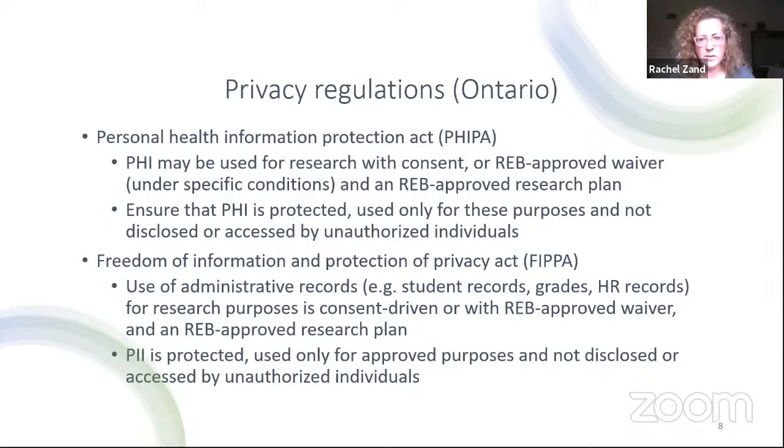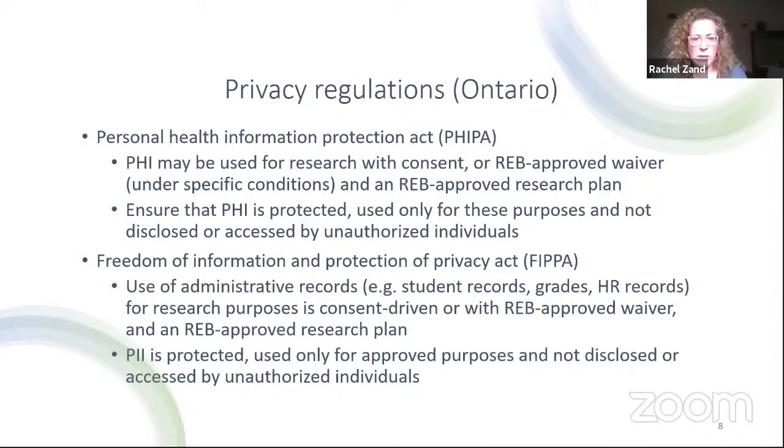So in terms of privacy regulations, there are 2 in Ontario. The first is the Personal Health Information and Protection Act, or PHIPA. And we look at PHIPA for personal health information, and the point of PHIPA is to ensure that PHI, when it's used for research purposes, it's done so with consent or with a waiver from the REB.